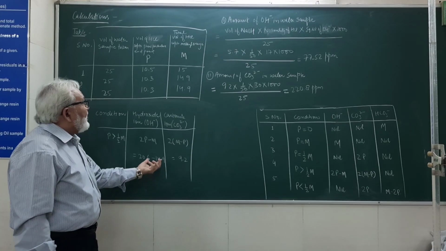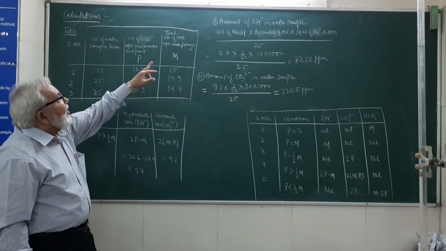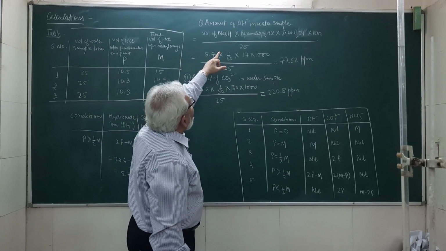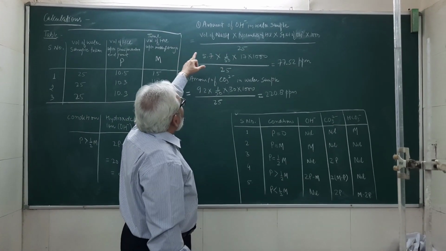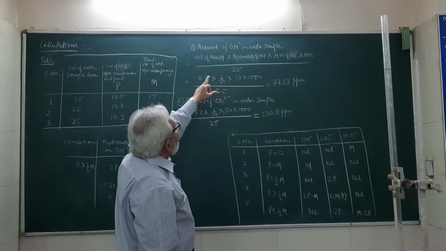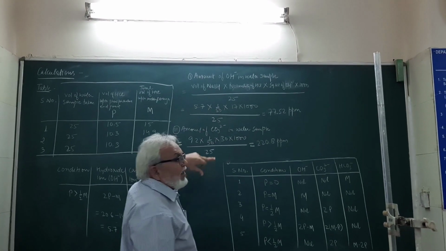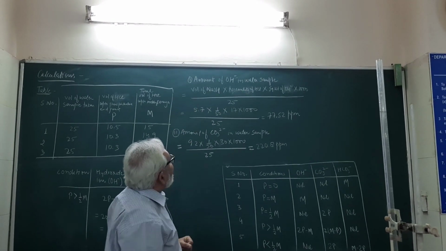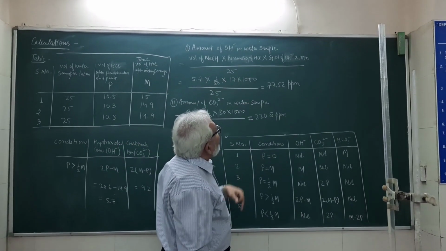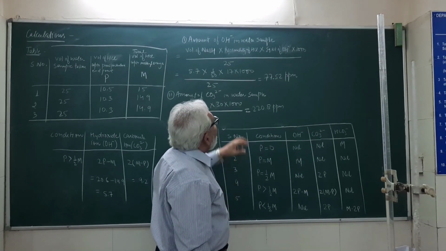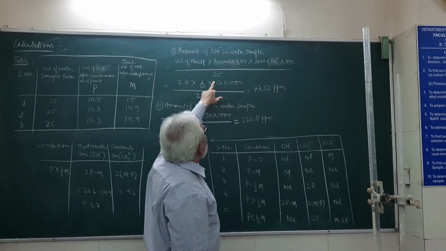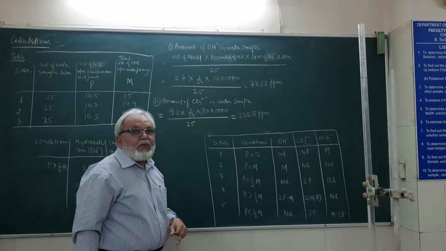And by these volumes we will determine the amount of hydroxide present in the water sample, which is equal to the volume of HCl for hydroxide multiplied by the normality of HCl, which is 1 by 50, into the equivalent weight of hydroxide, then multiplied by 1000 divided by the water sample taken, which is 25.